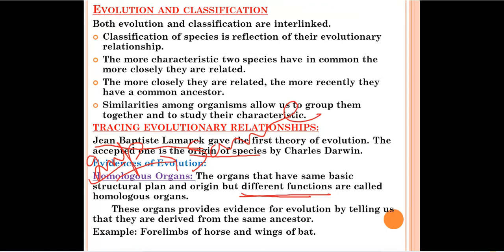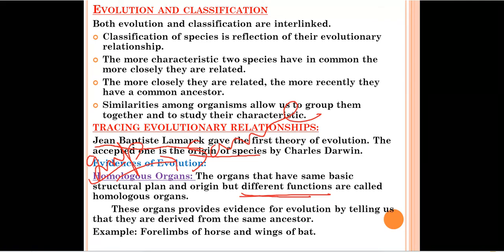Now let's look at the example. These organs provide evidence for evolution by telling us that they are derived from the same ancestor. They all have the same origin and same structural plan, so they have derived from the same ancestor.